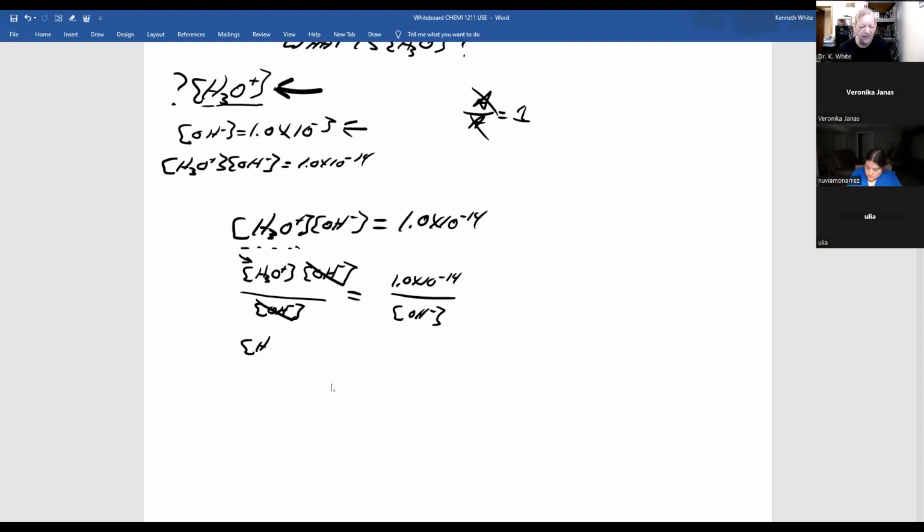So I'm left with the hydronium ion concentration equals this. And now I know what the hydroxide ion concentration is from the problem, so I'll put that in.